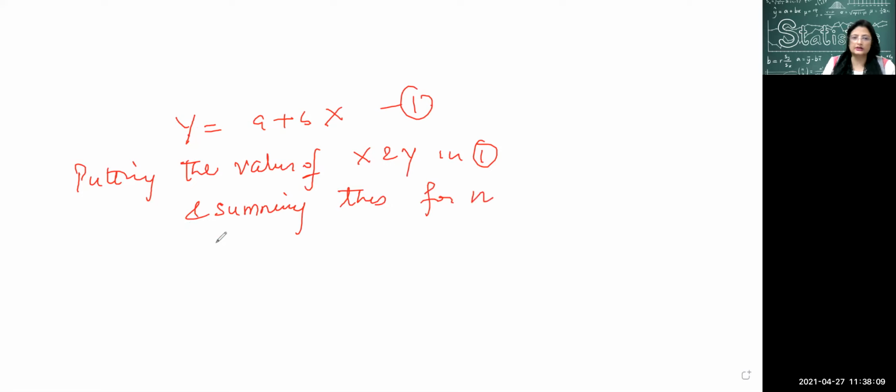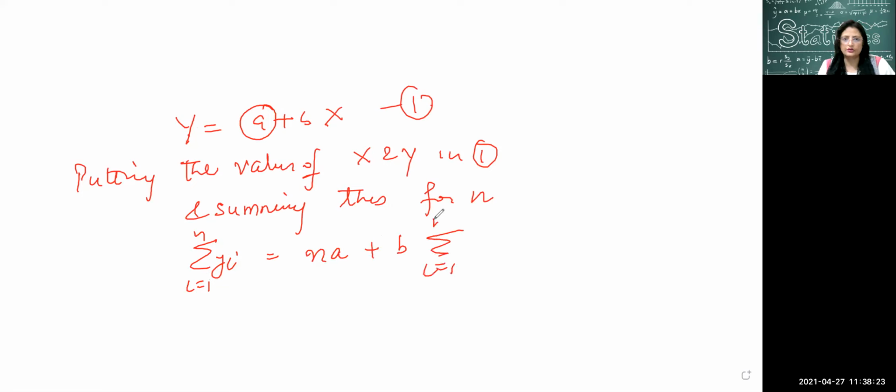All the values put, then summed, this will become summation yi. n a has no variation, how many times it is added, n times, so this becomes na. So b into summation I running from 1 to n, here you will get x. Let it be number 1.